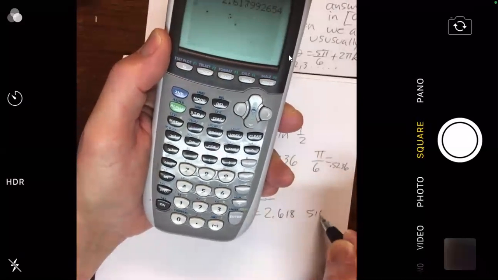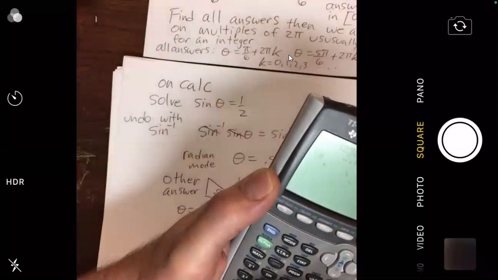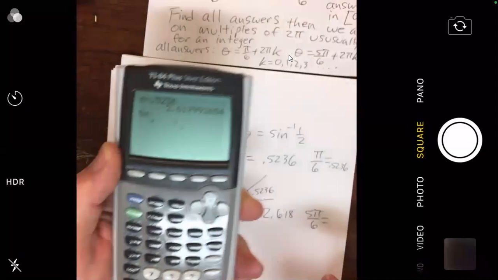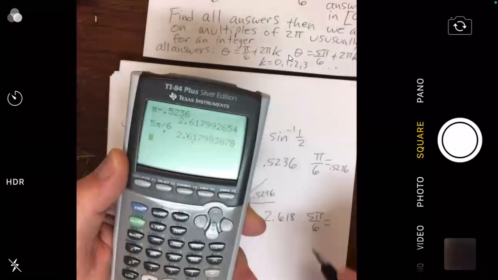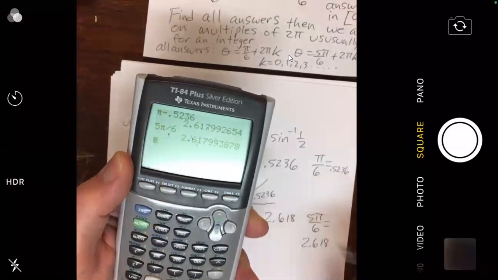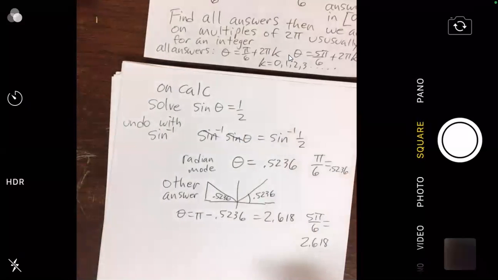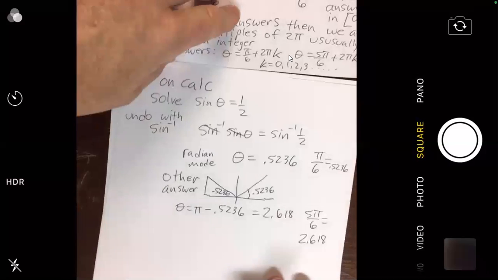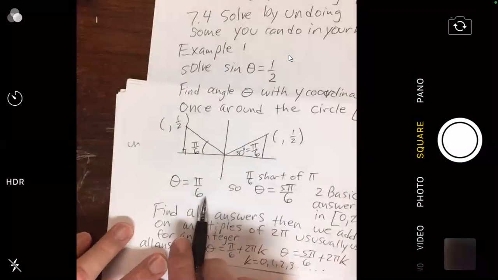And if you take 5 pi divided by 6, there is your 2.618. So that's the parallel version of these on the calculator. But a lot of them are on the circle and they want these kind of answers.